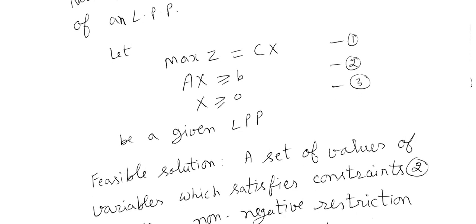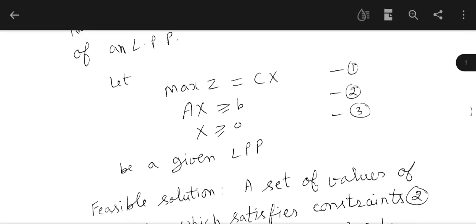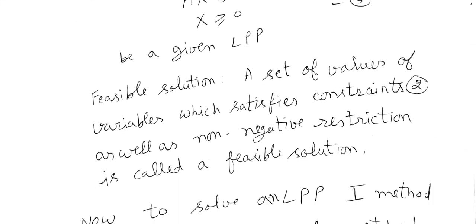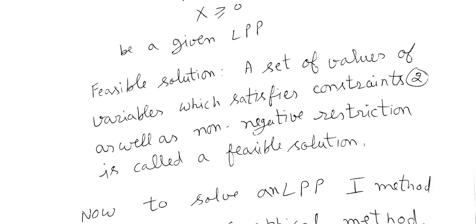Let us take LPP in its matrix notation. Maximize z equal to cx, ax greater than equal to b, x greater than equal to 0. Now we will define feasible solution.